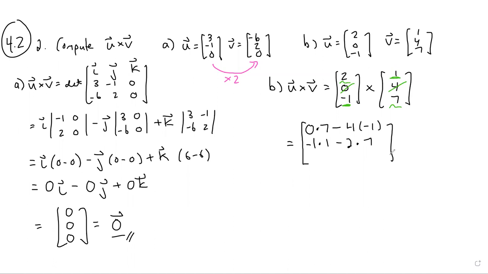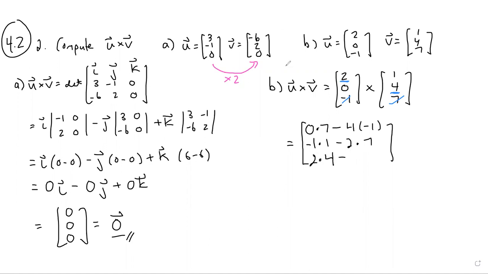And then I'm going to do the exact same thing for the third one. There is a pattern to it, and it does take some getting used to. So for the third one, I'm going to cross off the third entries. And again, I make my way down from the one that I just crossed off to start with the 2. So I'm going to do the 2 times the 4.